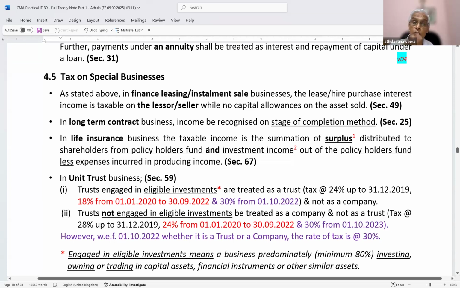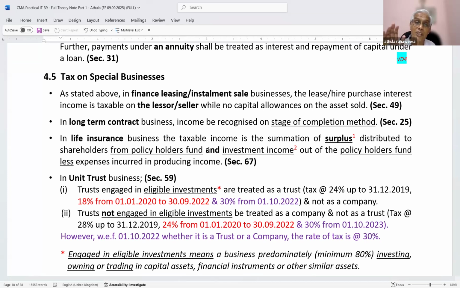Now, in the case of assurance policies, they have to maintain, because there is an insurance monitoring board, no? Under the monitoring board, there's a criteria, right? Then they have to maintain a policyholders' fund account, right?